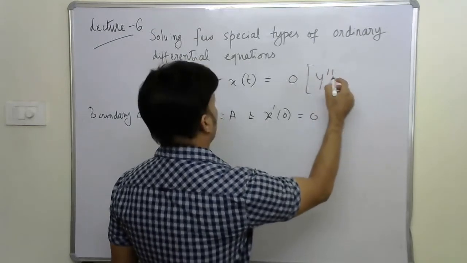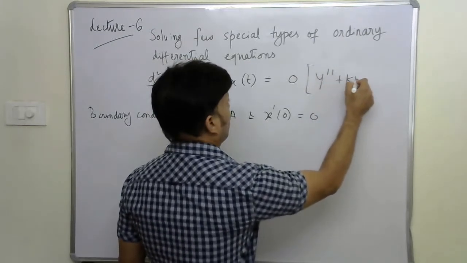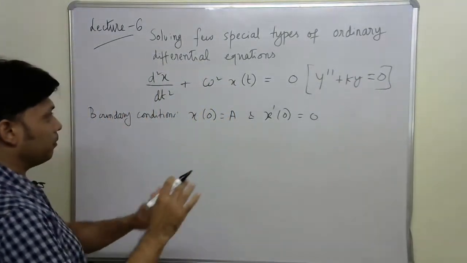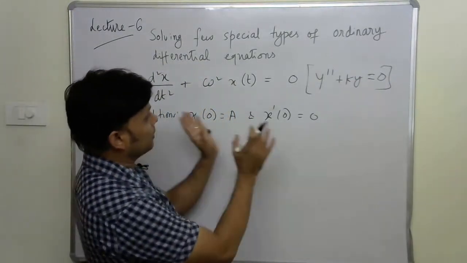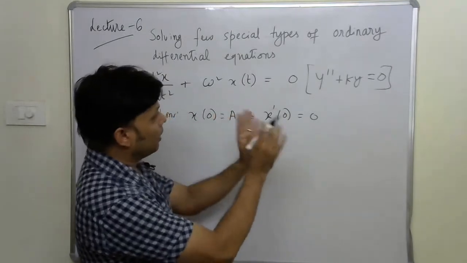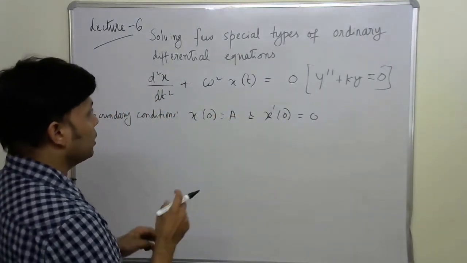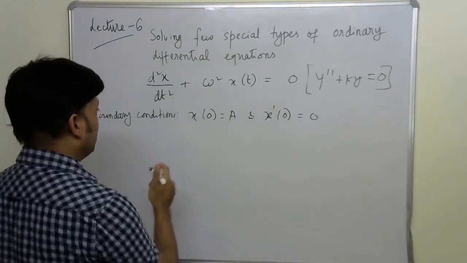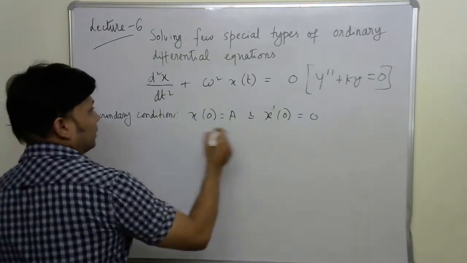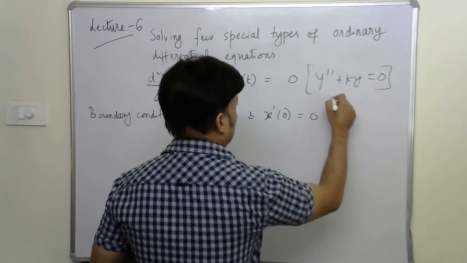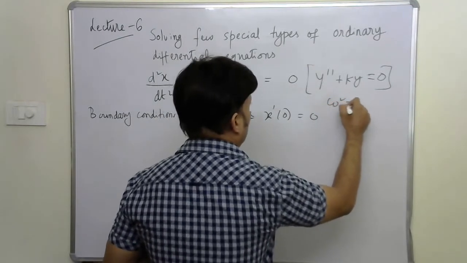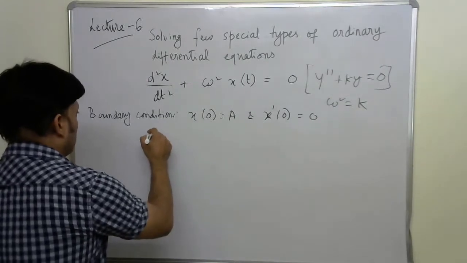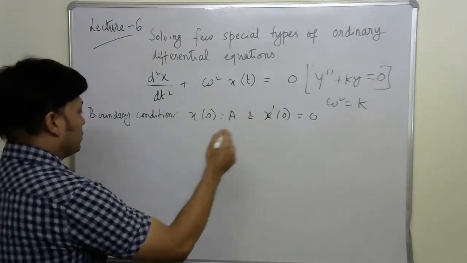So of course, we can recognize this is in the form y double prime plus k y is equal to 0. Okay, so this is making the equation into a simpler form. Then obviously here we can write that omega square is actually our k.